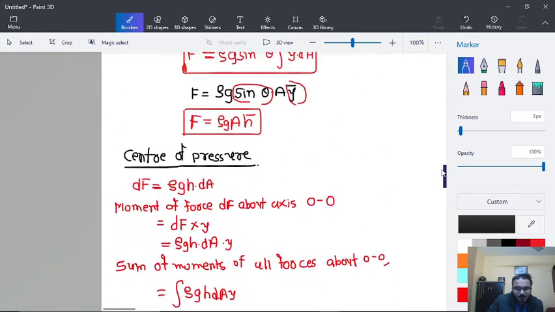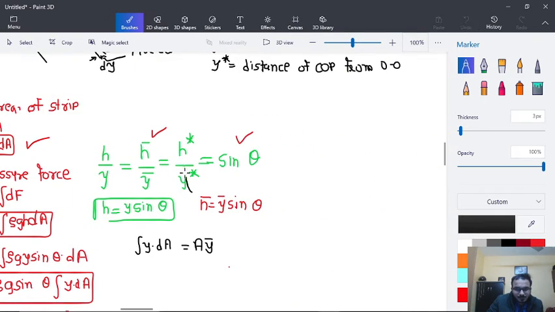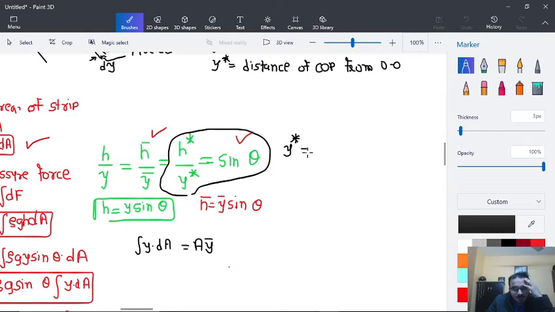So if you recall, here we are having this term, so instead of y star we can put it is equal to H star divided by sine theta.